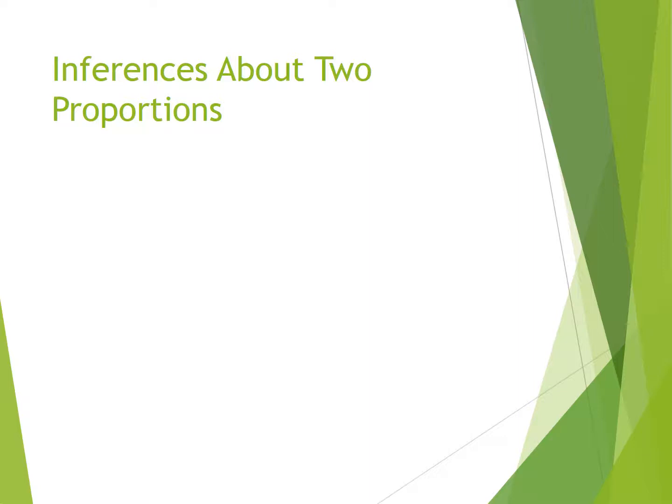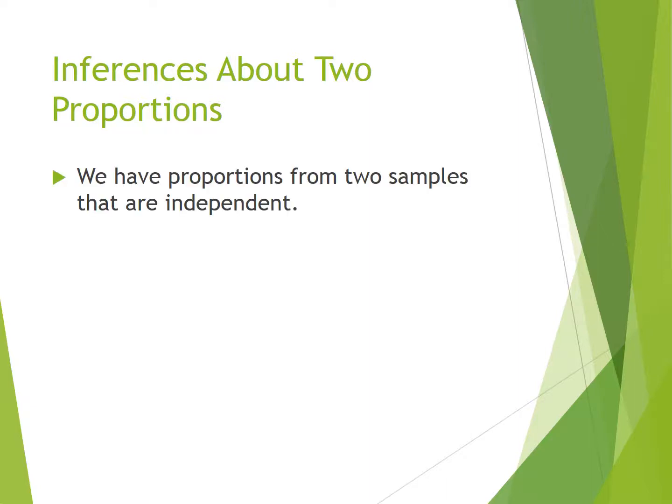The type of hypothesis testing with two samples is we're going to look at the inferences about two proportions. So we have two proportions from two samples and they are independently selected. So we randomly select a sample from population 1, and we independently randomly select a sample from population 2.